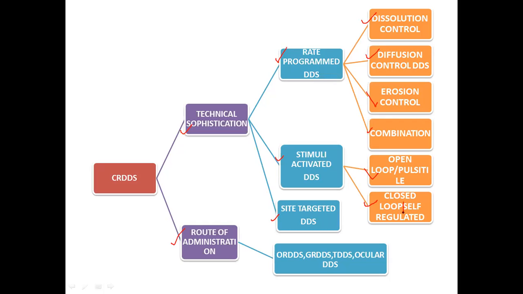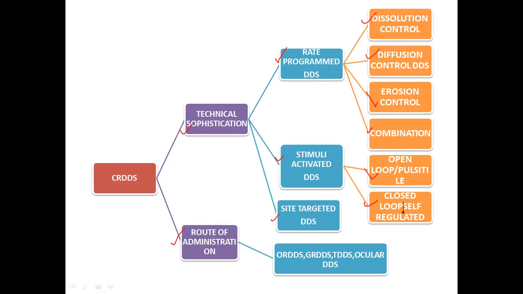Like photochemical waves, laser activated drug delivery systems, or electrically activated drug delivery systems, which we already discussed last year. Iontophoresis we have discussed, electroporation we have discussed, and magnetically activated drug delivery systems are there. That all comes under the open loop or pulsatile drug delivery systems.